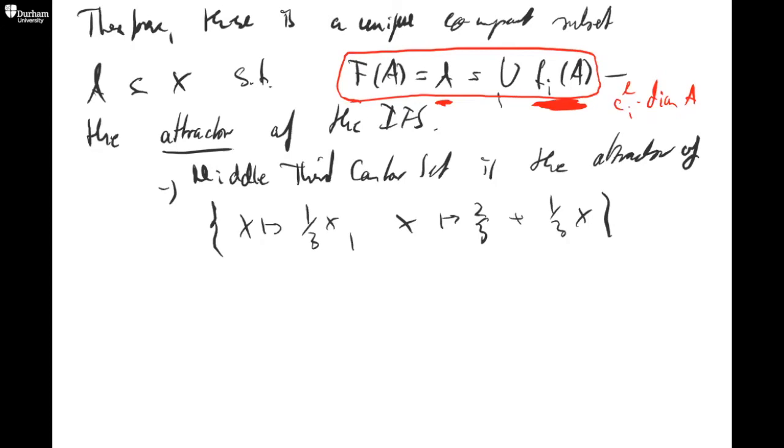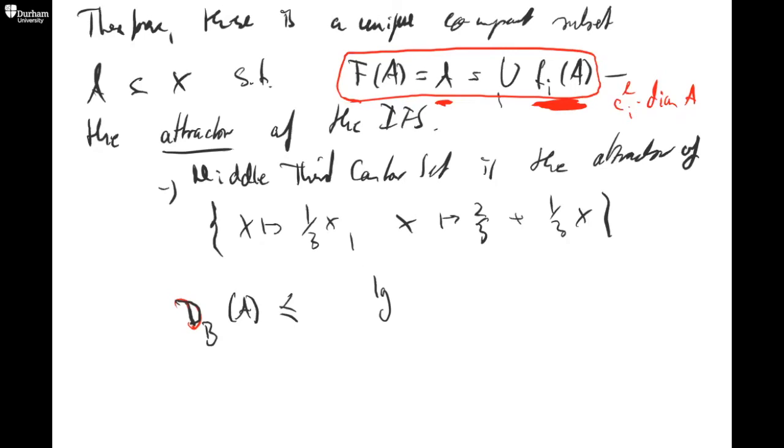And there is a simple formula for the box dimension, which a priori is only an inequality, given by the number of elements of our partition, which is just, well, how many maps Fi do I have?